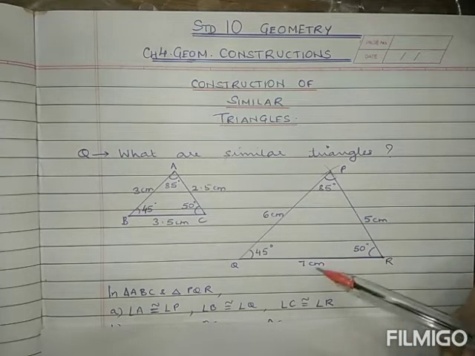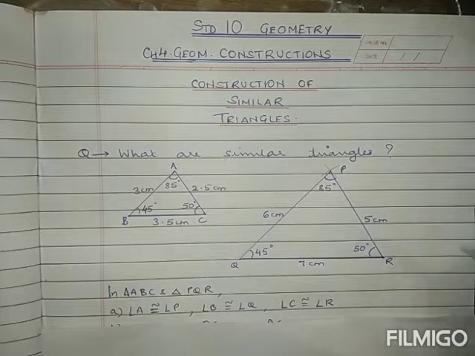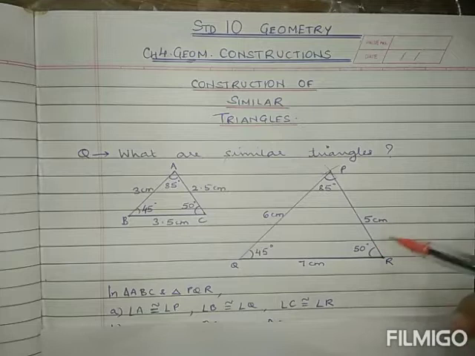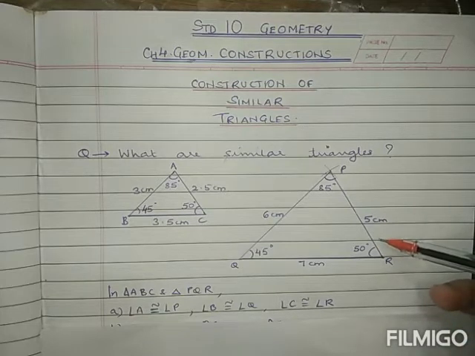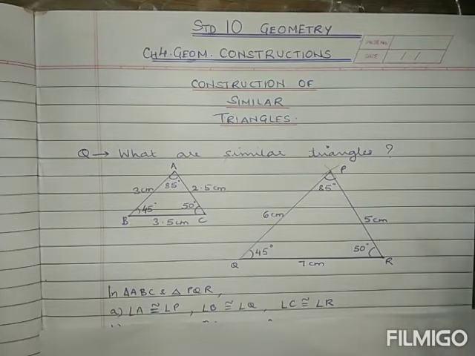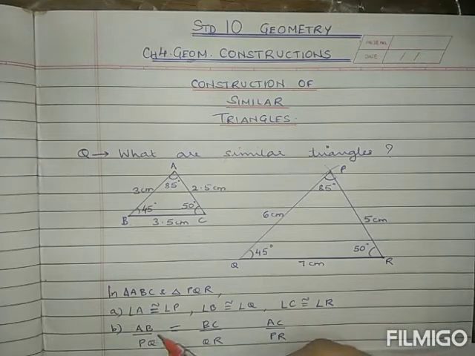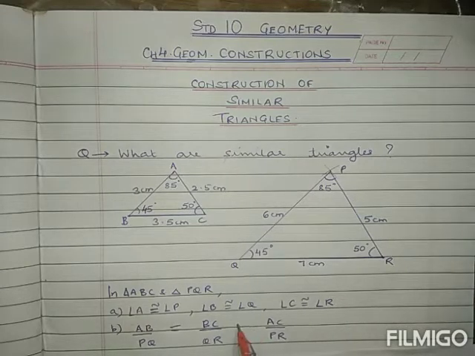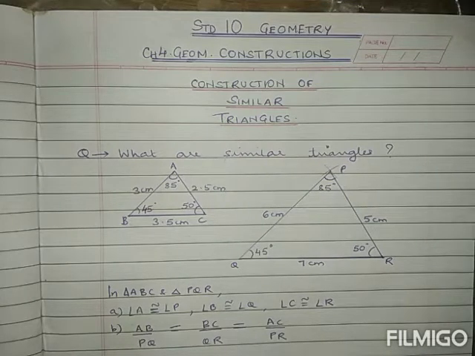Did you observe something? All the three sides are half of the corresponding sides in this triangle. Okay, so we have their ratios as AB upon PQ equal to BC upon QR equal to AC upon PR.